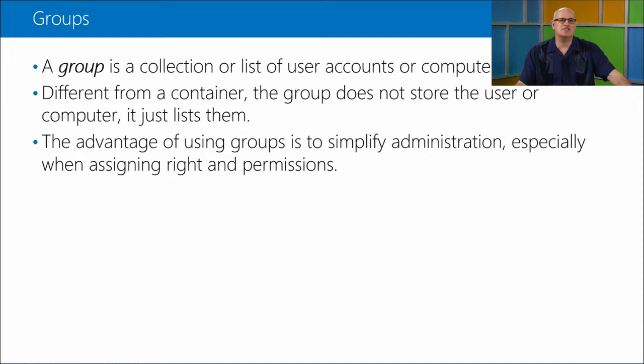A container is typically a management area, a management separation, or a logical management entity. A group is more a collection of resources for a common goal of some kind, to enable rights of some kind, to enable permissions of some kind. I'm throwing out rights and permissions, I'm foreshadowing a little bit. We'll talk about rights and permissions here in a bit.